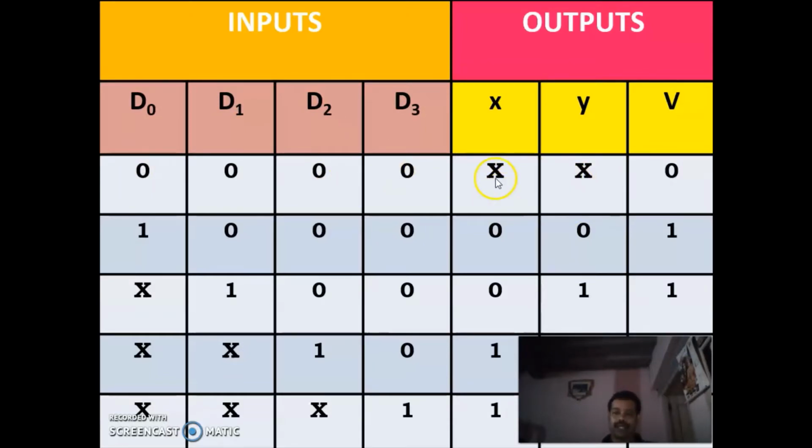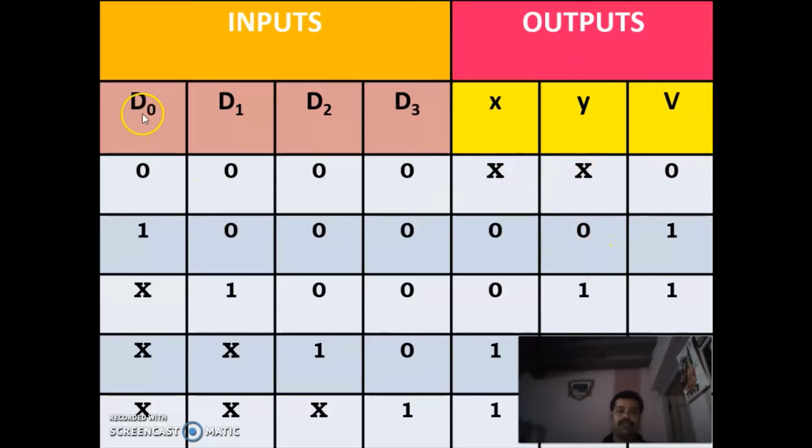So first, when all the inputs are 0, we put V equal to 0 and don't care in the place of X and Y.